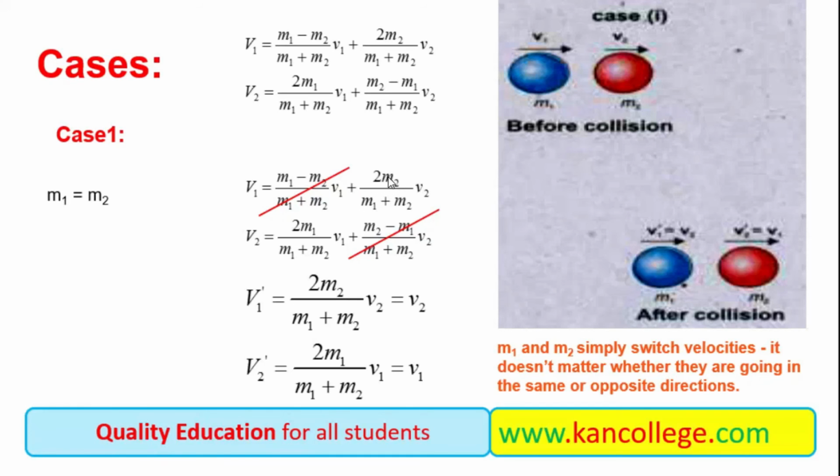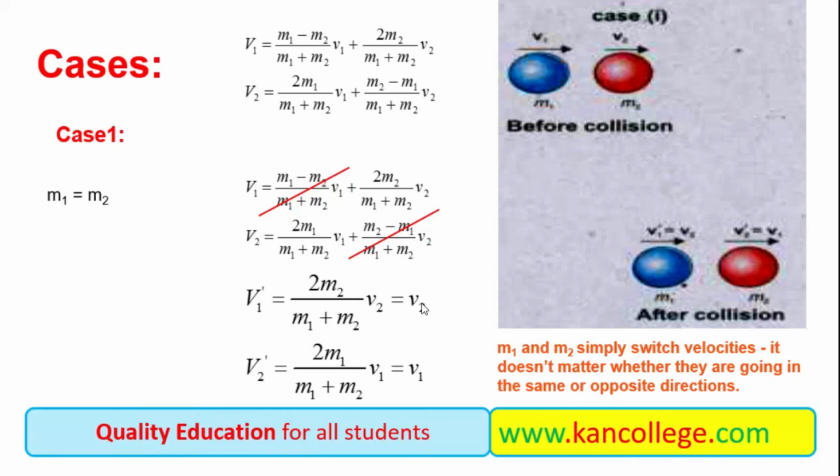As m1 is equal to m2, and we consider m1 is equal to m2 is equal to 5 kg, then 5 into 2, 10, or 5 plus 5, 10, 10 will cancel 10. Then the result will be v1 dash is equal to v2.